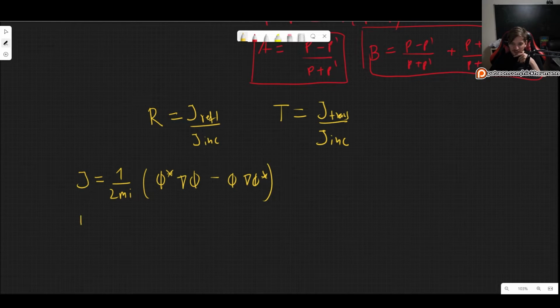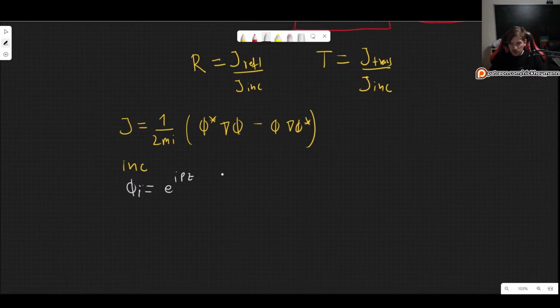So let's begin in the incident case. We know that the incident wave function is simply e to the i p z. Of course we'll have to evaluate that at 0, but we'll still have to take the derivative, so let's do that first. The derivative of phi I with respect to z is of course the same as the full gradient, because we only have one spatial direction here and everything else is 0.